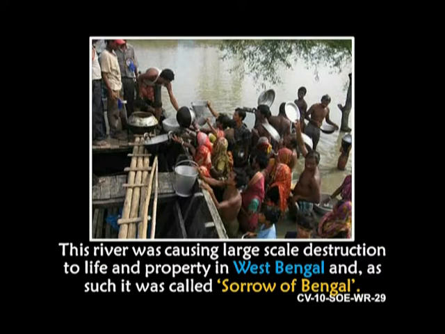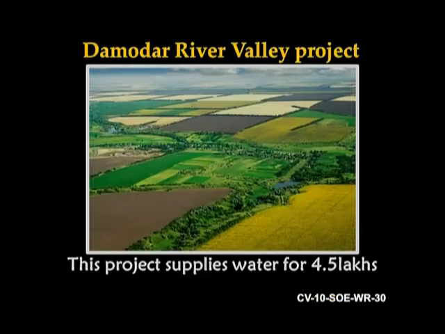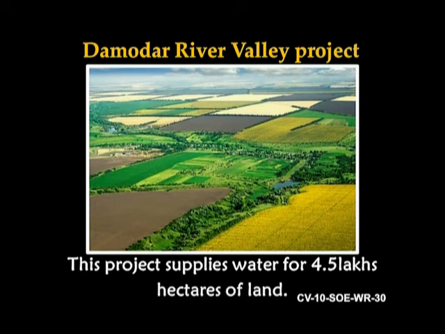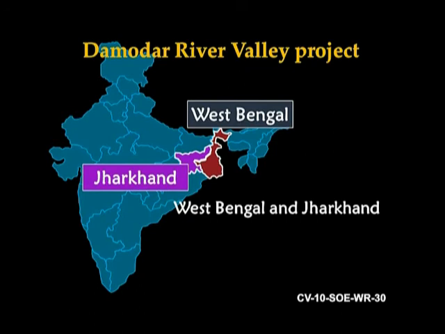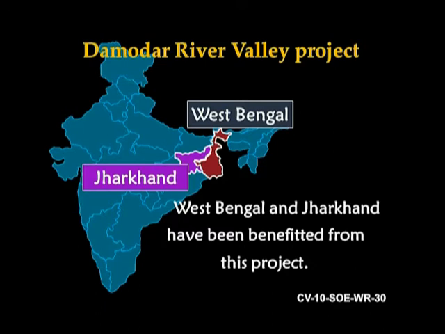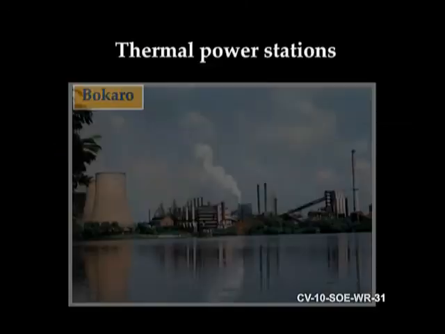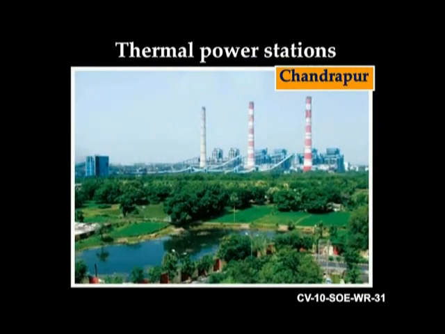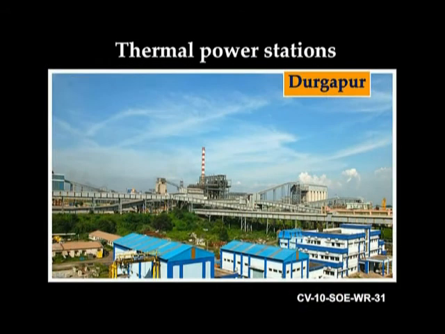To prevent destruction by this river, this project was taken up. This project supplies water for 4.5 lakh hectares of land. West Bengal and Jharkhand have been benefited from this project. Thermal power stations have been established at Bokaro, Chandrapur and Durgapur.